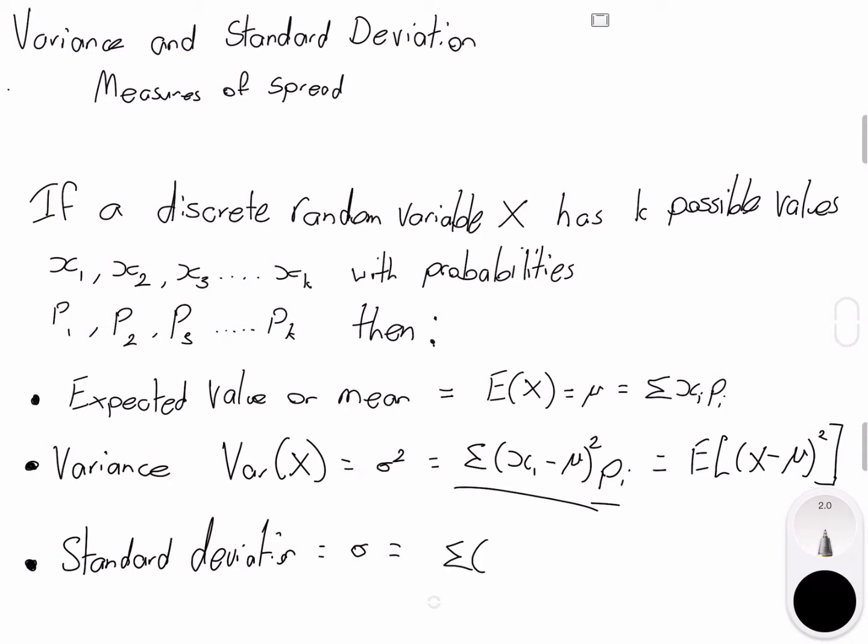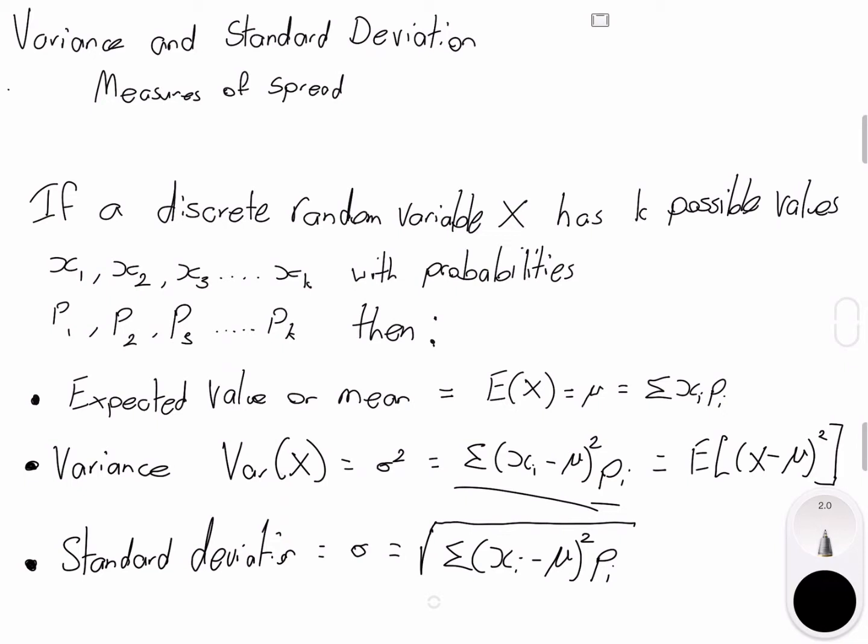So it's still the sum of the values of x sub i, take the mean, squared, times its corresponding probability, but this whole thing instead is the square root of it. And that's really the only difference between variance and standard deviation, is that it's squared versus square root.